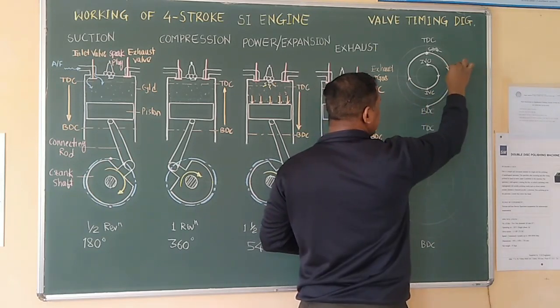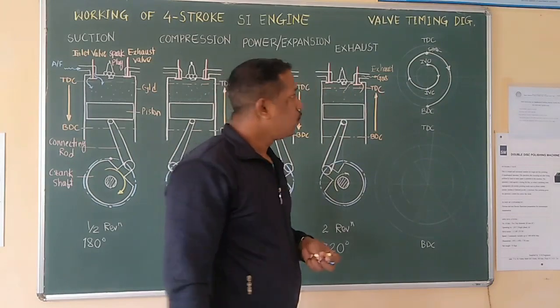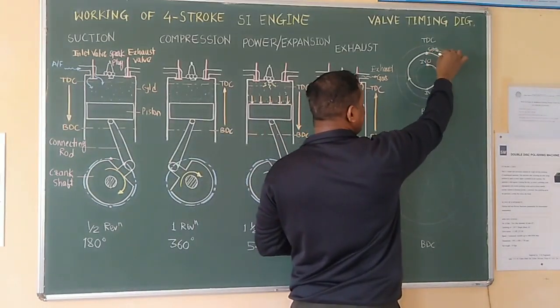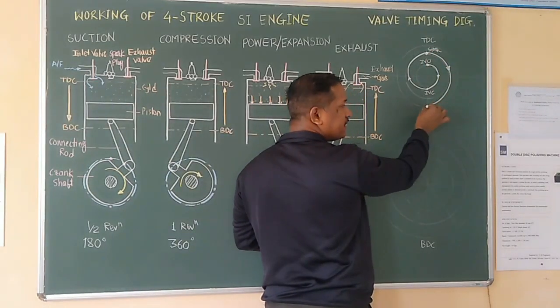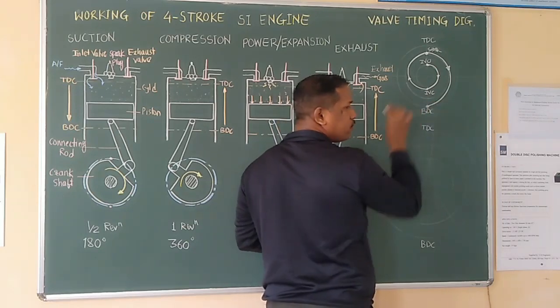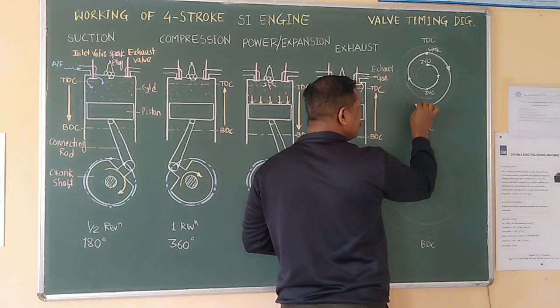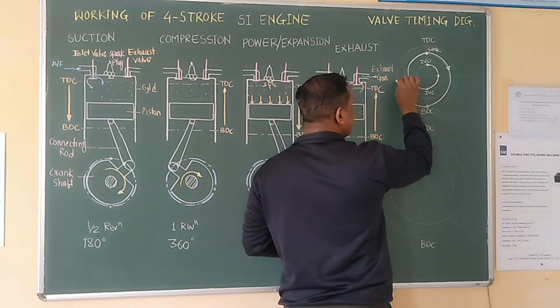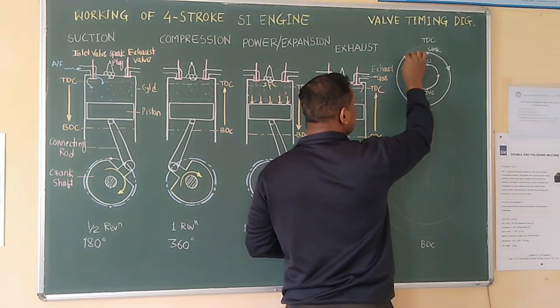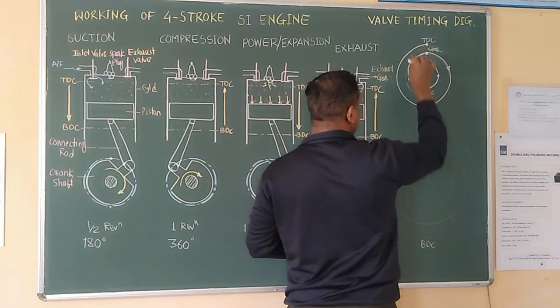So this is the expansion stroke. At the end of this expansion stroke, when the piston reaches BDC, the inlet valve remains closed but the exhaust valve gets open, and when the piston moves from BDC to TDC again, the exhaust gases move out from the cylinder.